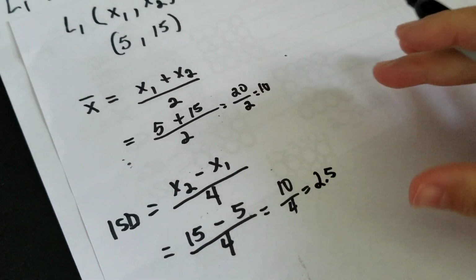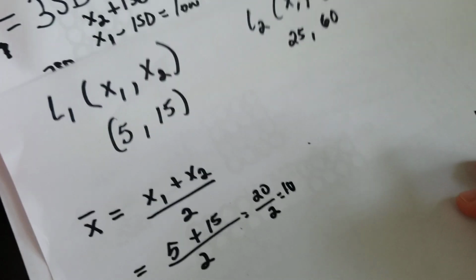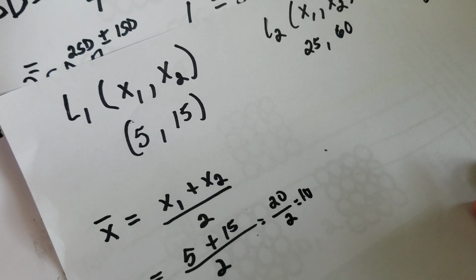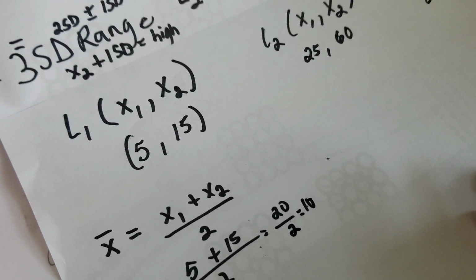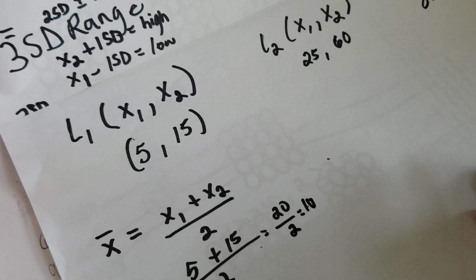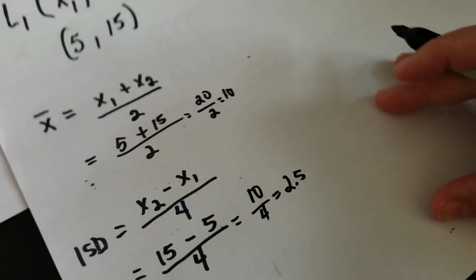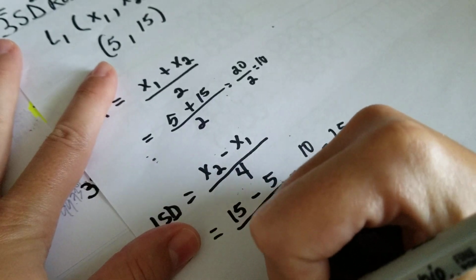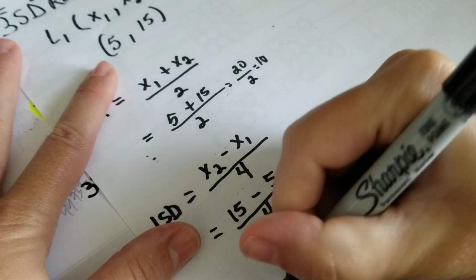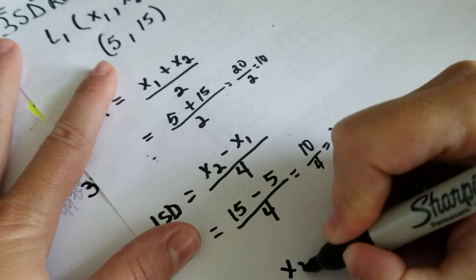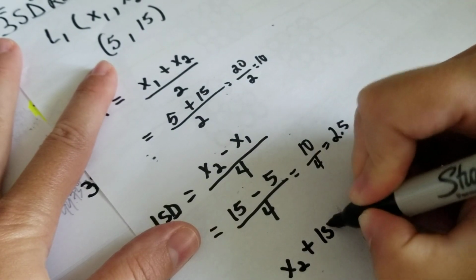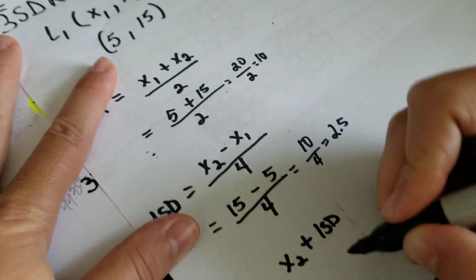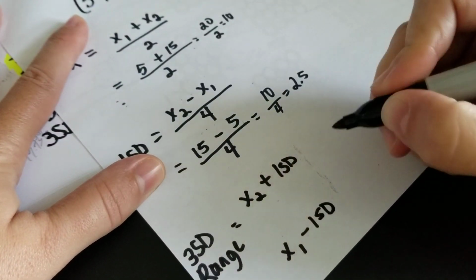All right, now the last one that we're going to do is the 3 SD range, right? And if it's written in a line, it's 2 SD plus or minus 1 SD, okay? But in order to figure out what that actually is, we can break it down into those 2 lines. So the 3 SD range equals x2 plus 1 SD and x1 minus 1 SD.